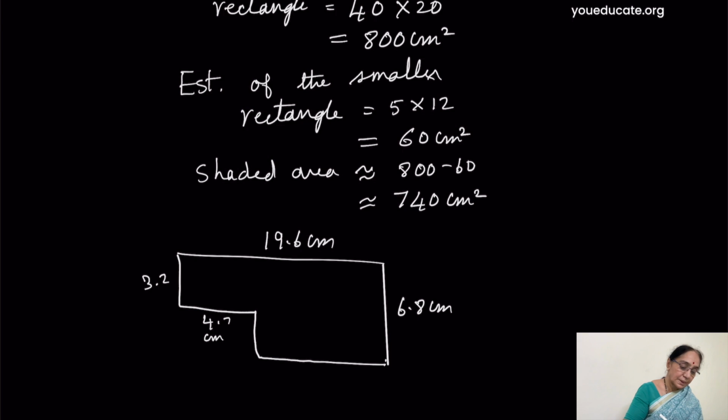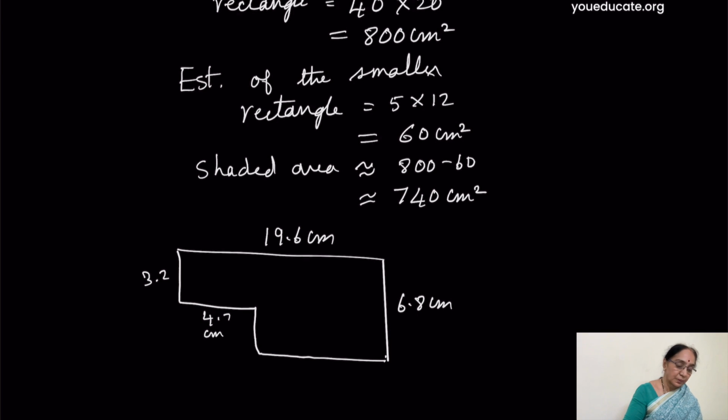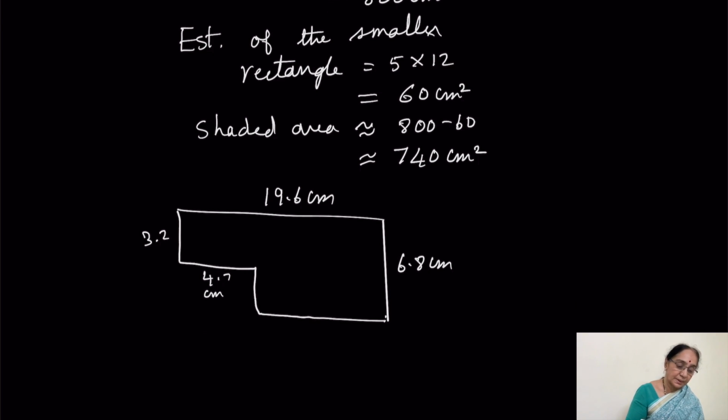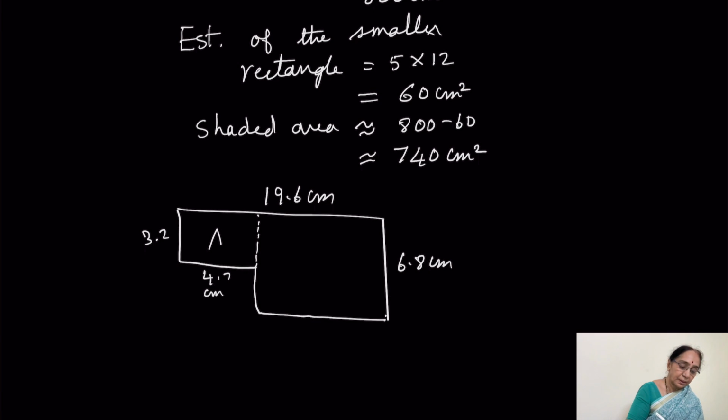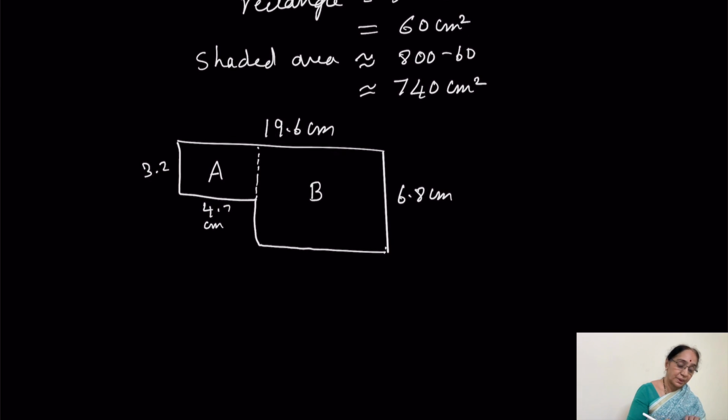And I want you to estimate this area. Not the exact area, I just want the estimate. So I can divide this shape into two rectangles. Get the area of rectangle A, get the area of rectangle B. Get the estimate of A and the estimate of B. So area A can be estimated as 3 times 5, 15 centimeters squared.